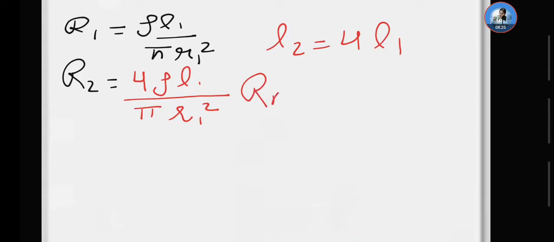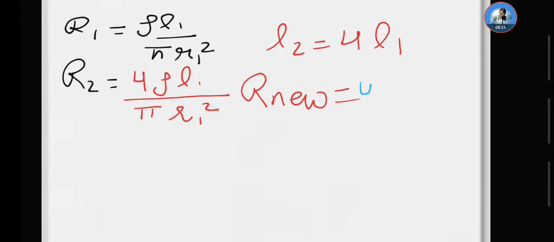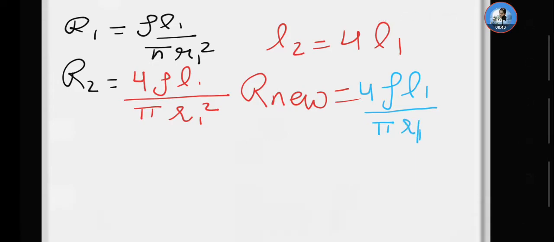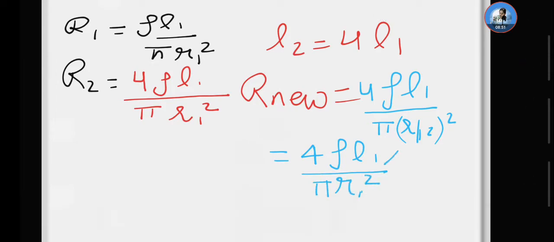So R new is 4 rho L2 upon pi R1 square, that is 4 rho times 4 L1 upon pi R1 square.